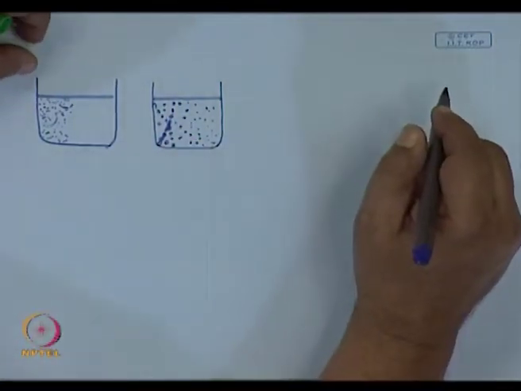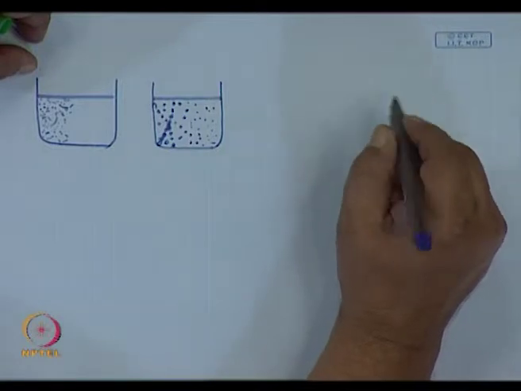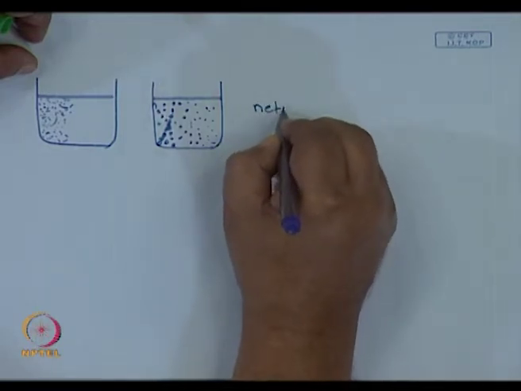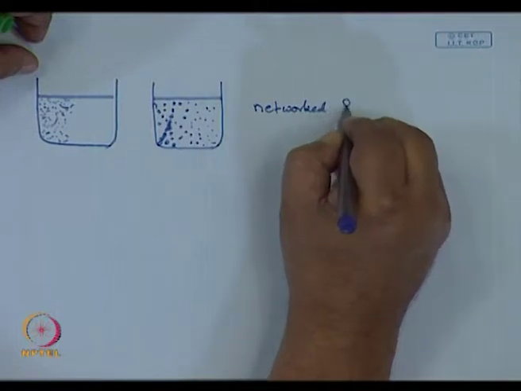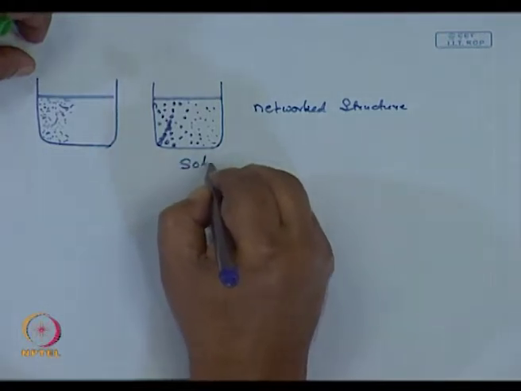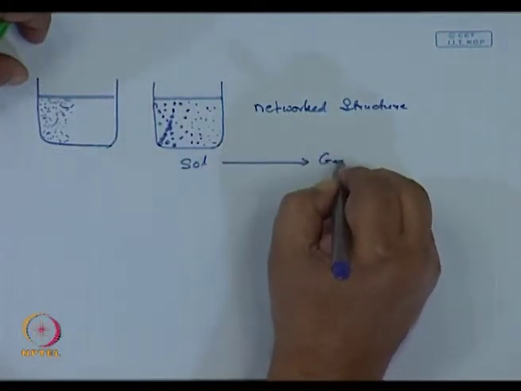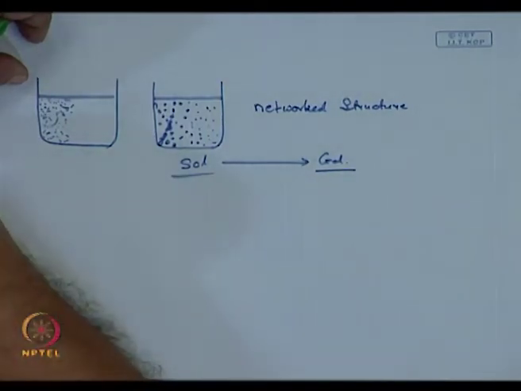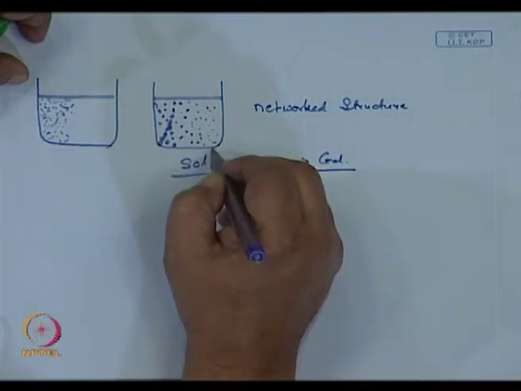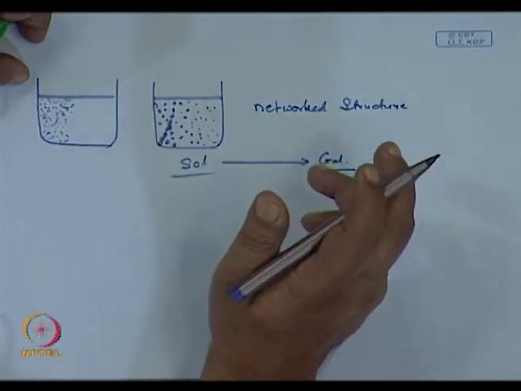Over here, if these particles have formed a networked structure, then this sol would convert to a gel. I had given you examples of gel earlier. A gel basically has a network structure of particles with liquid in the intervening spaces. That is a gel.